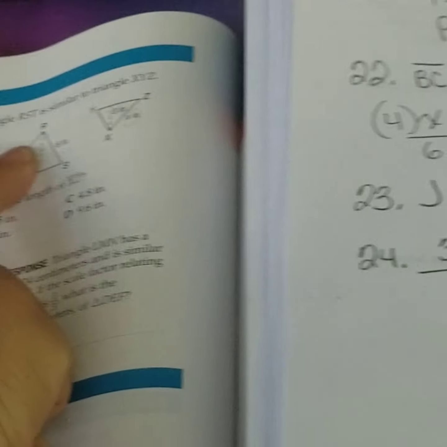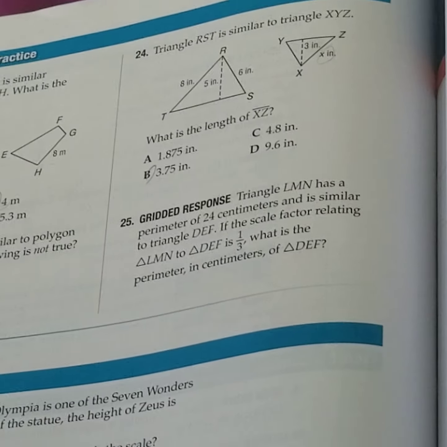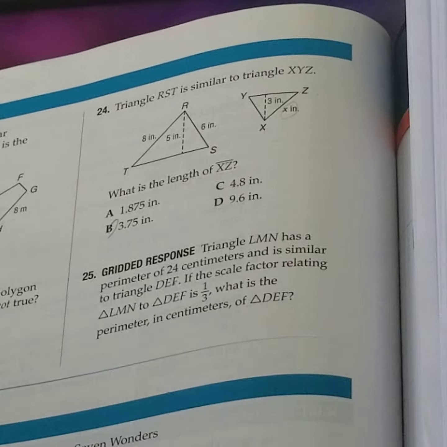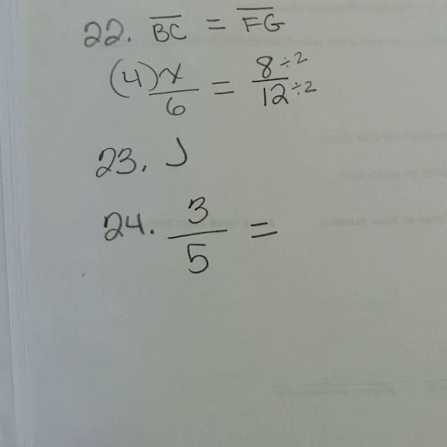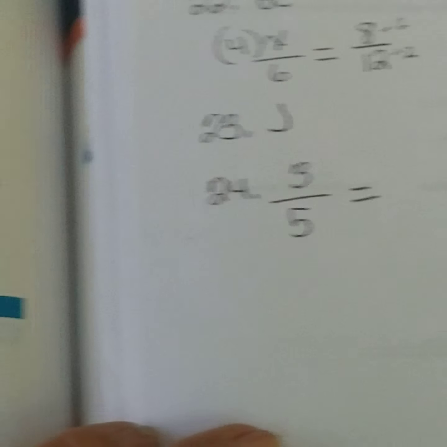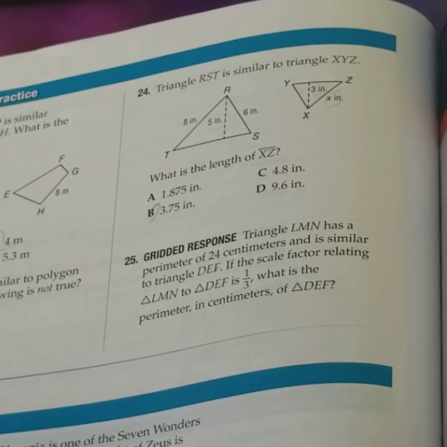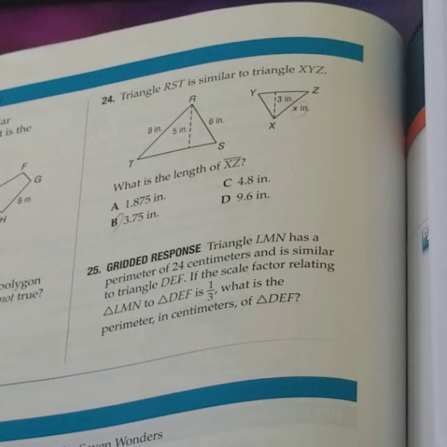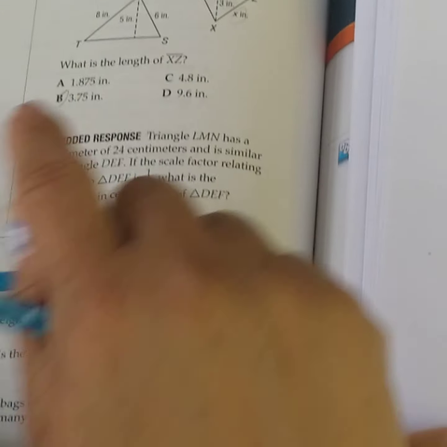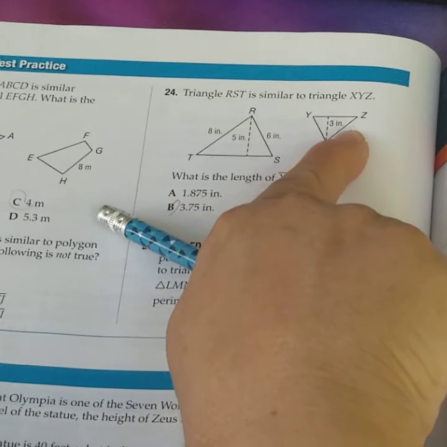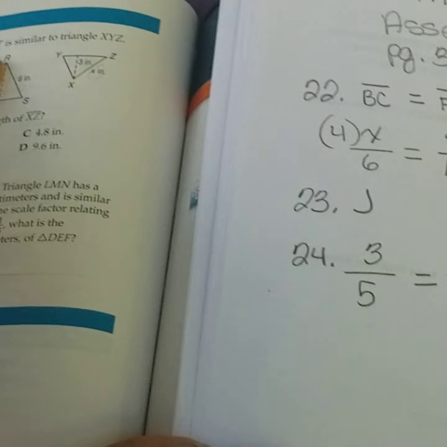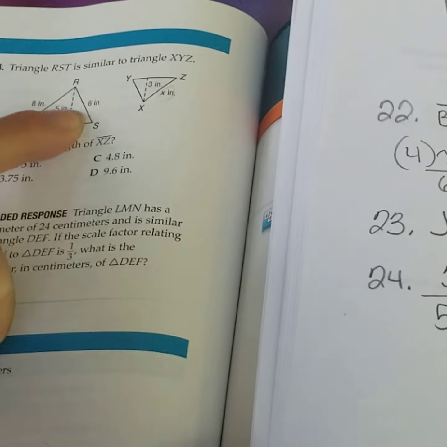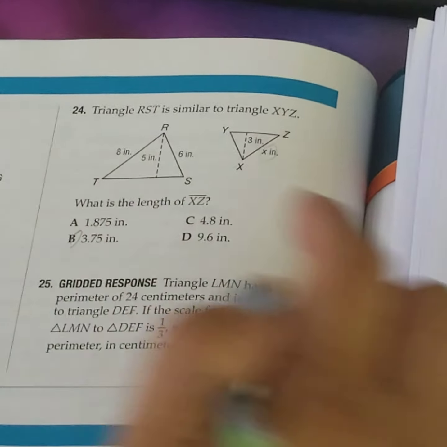The height of RST is 5. So now we look to see XYZ is X. The same line on RST is 6 inches.